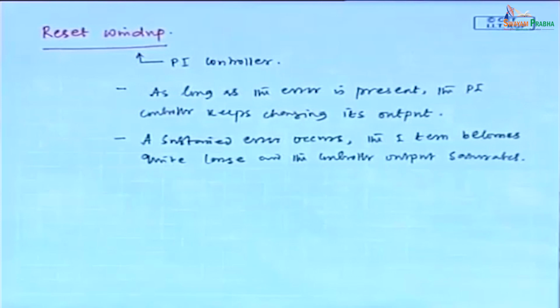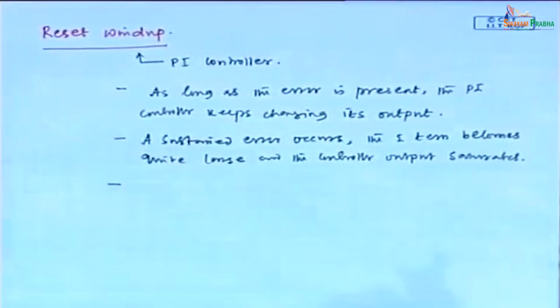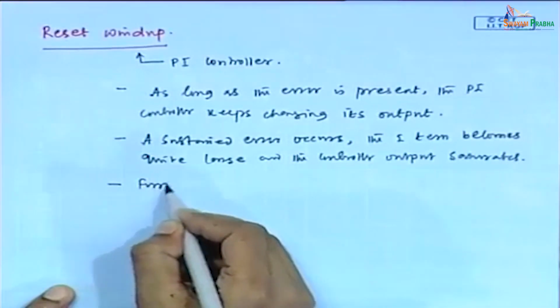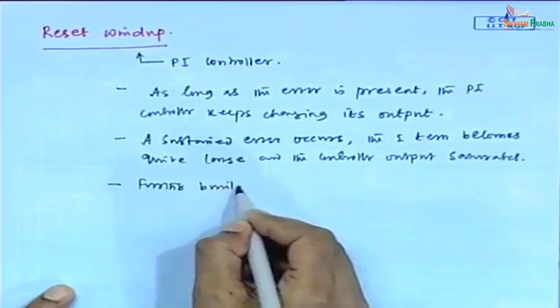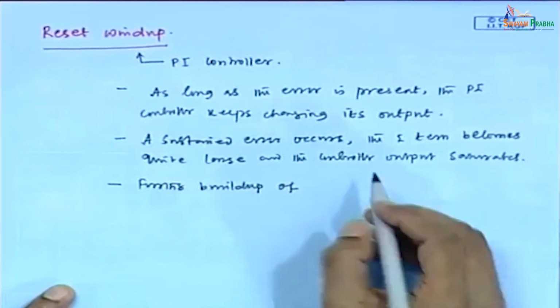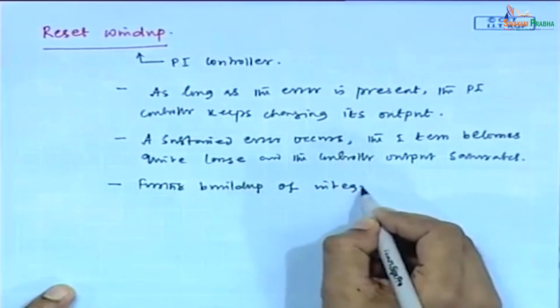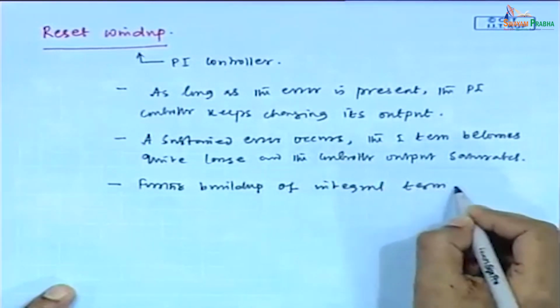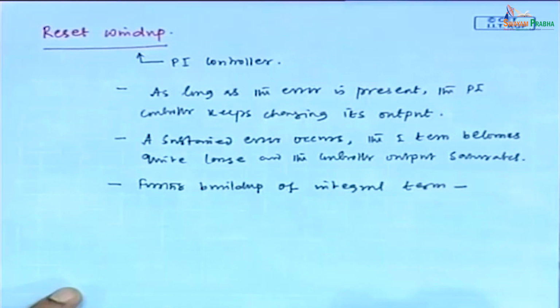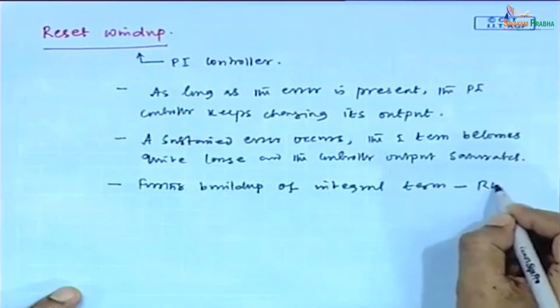When a sustained error occurs, the integral term becomes quite large and the controller output eventually saturates. Further build up of integral term is referred to as reset windup.